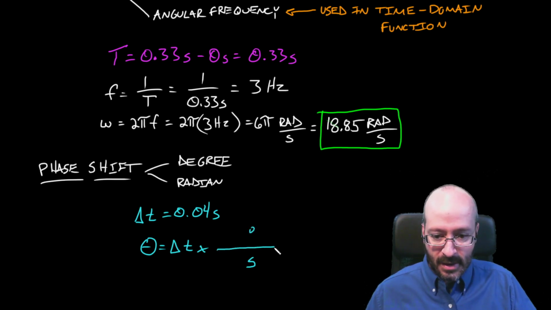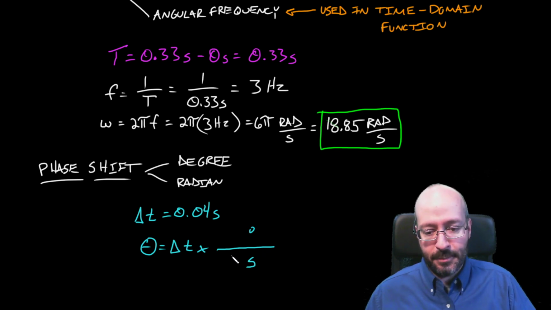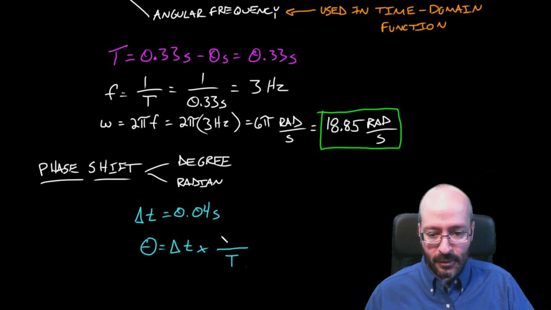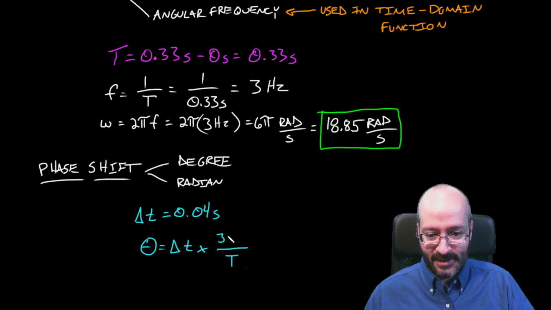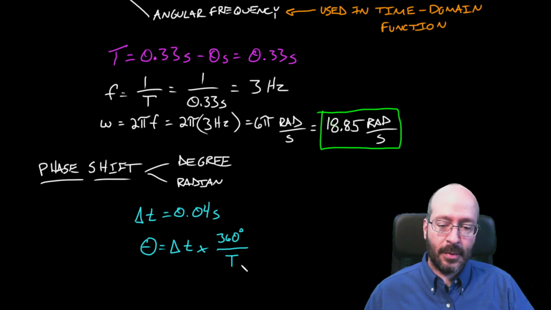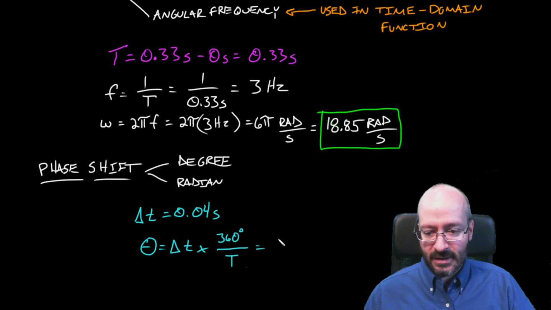So I'm going to divide that by the period, and I'm going to multiply that by 360 degrees. These are both in seconds, so they cancel out, and I'm left with a phase shift in degrees.